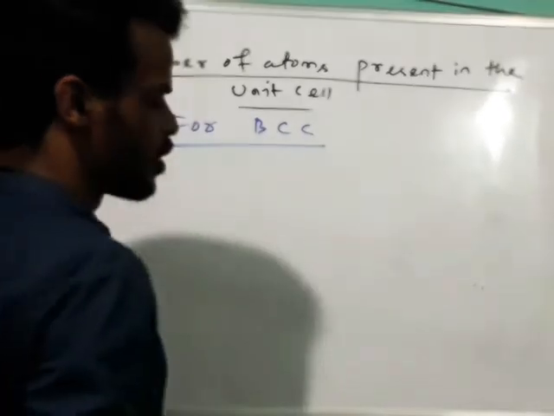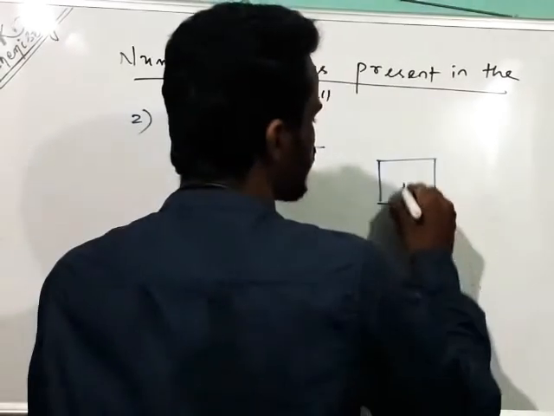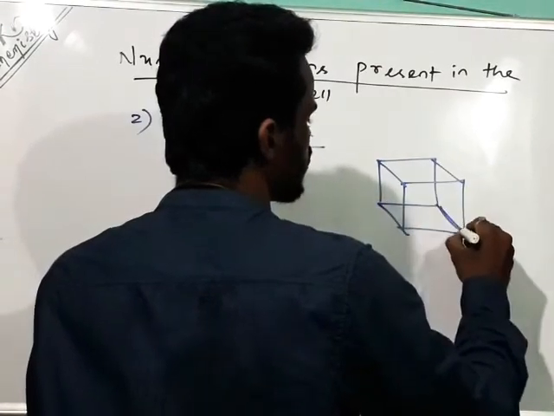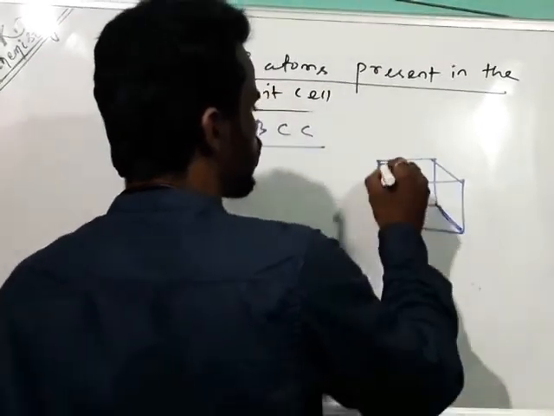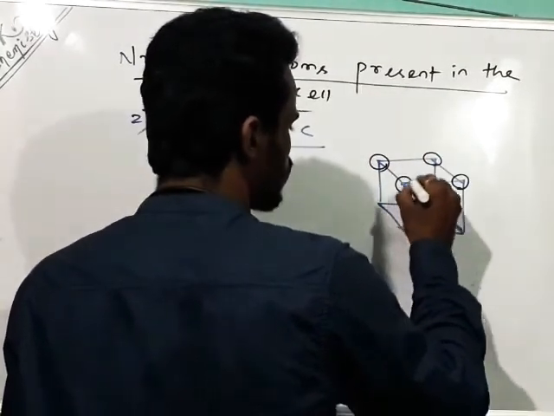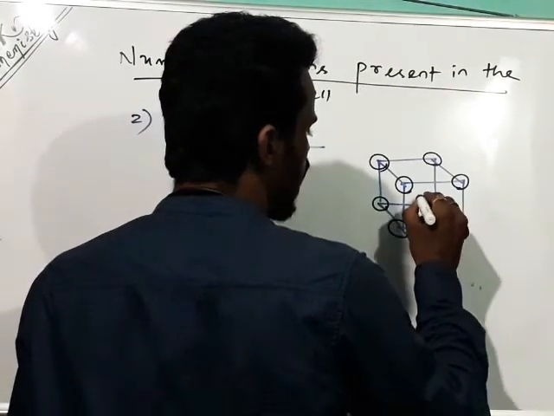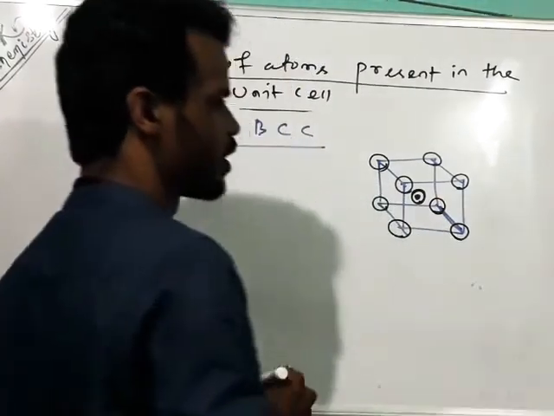Now, for the body centered cubic crystal. For a simple cubic system, there are 8 corners, each corner has an atom, and also as per the definition, there is another atom at the center of the body.